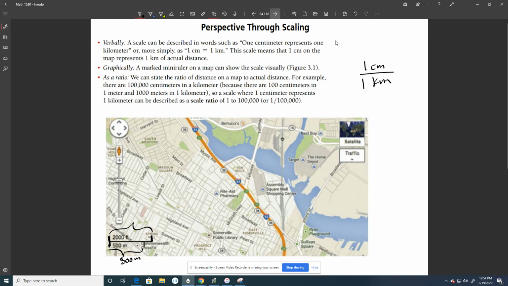The problem with scales is we want the same unit on top and bottom. So 1 centimeter to 1 kilometer is an okay thing to say, and visually we can look at that, but as a scale ratio it doesn't work to leave it this way because centimeters and kilometers aren't the same measurement. The units there are different.